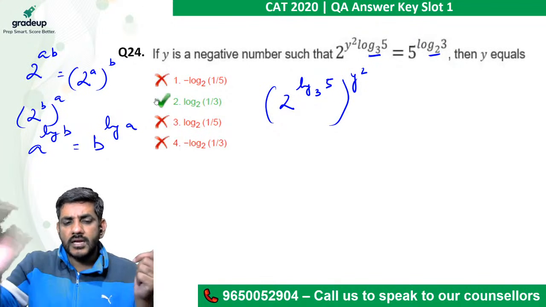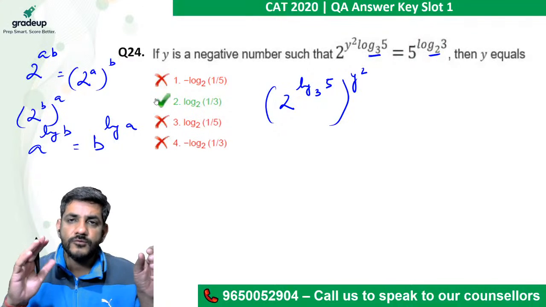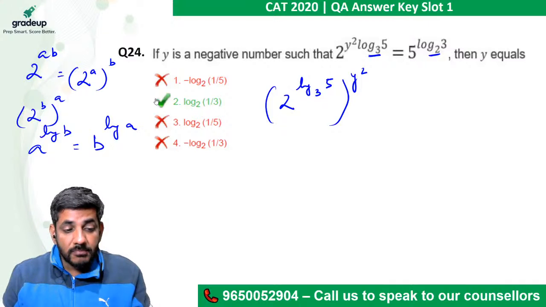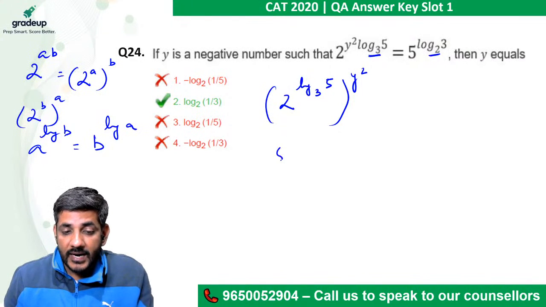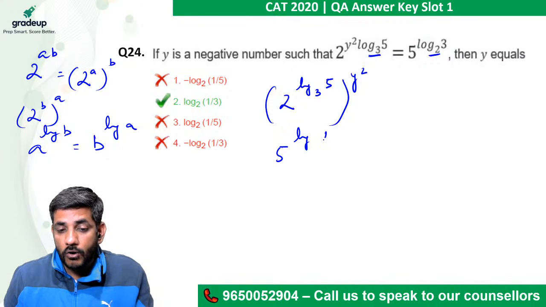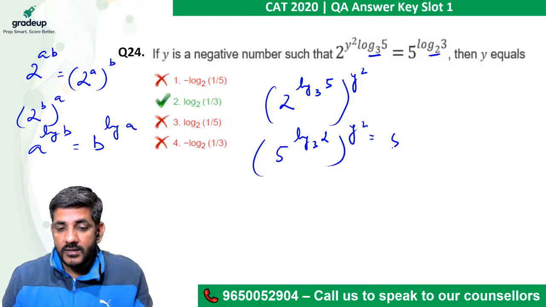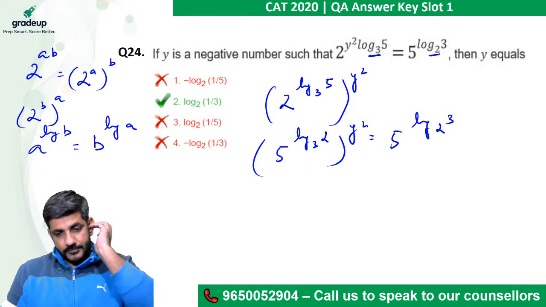On the right hand side we have 5 to the power log. On the left hand side we have 2 to the power log, but that is log 5. So by using a to the power log b is equal to b to the power log a, I can write this as 5 to the power log 2 with base 3, whole to the power y square, is equal to 5 to the power log 3 with base 2.